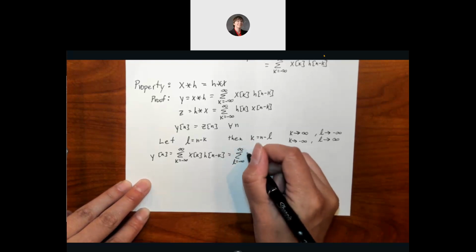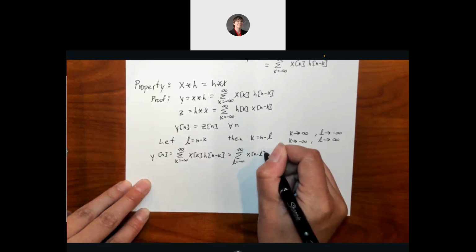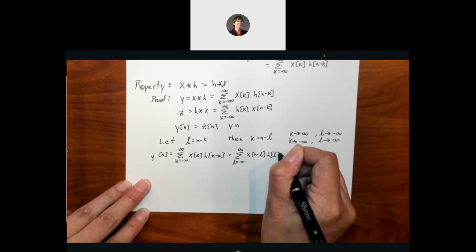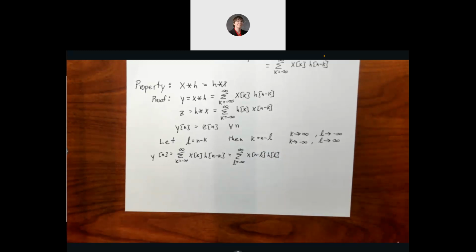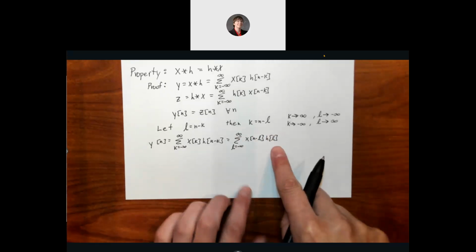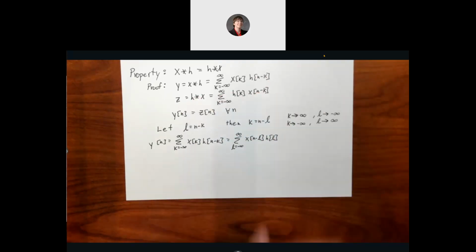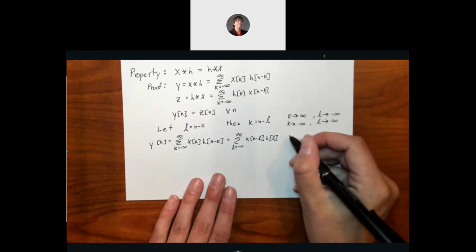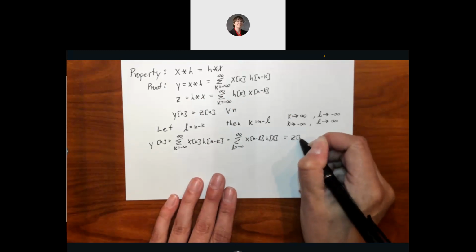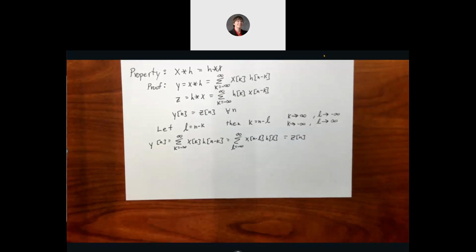So we have summation of x n minus L h L. And so we can see that this is the exact same form as what we have here. We just used a different letter. Right? And it turns out that that's just a dummy letter that we use for our summation. So this is indeed the same as z of n.